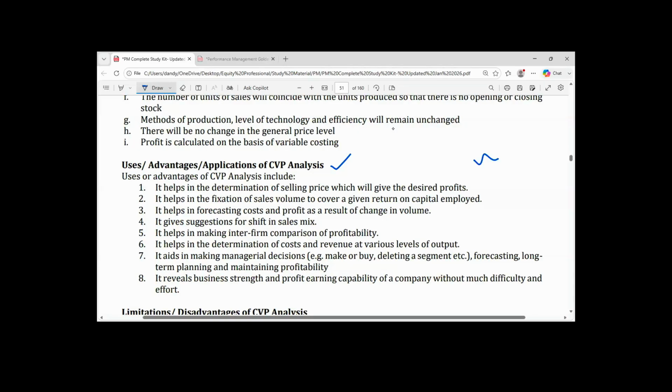But for the break-even analysis, you are going to indicate whether you are a manufacturing company or a service company. Any organization can carry out break-even analysis. So it's not peculiar to a manufacturing company alone. So your lender will require that you submit your business plan. So in your business plan, you need to insert your break-even analysis.